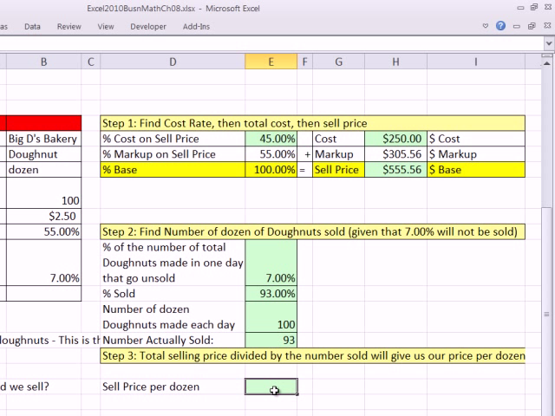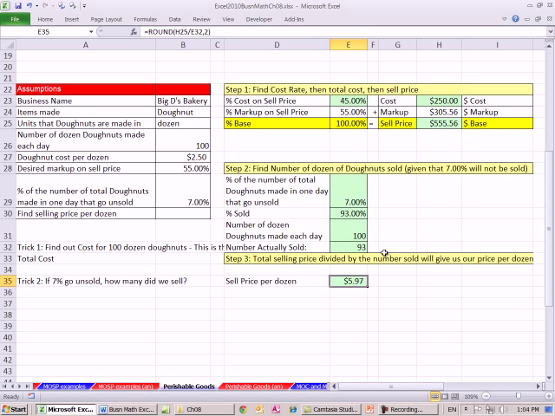So now we simply say equals, and I am going to round because we are required to round to the penny here, that divided by this, comma 2. All right, so we have to charge $5.97 per dozen.